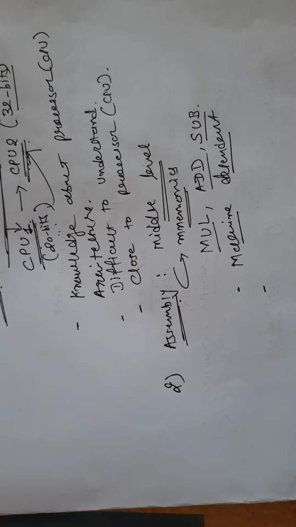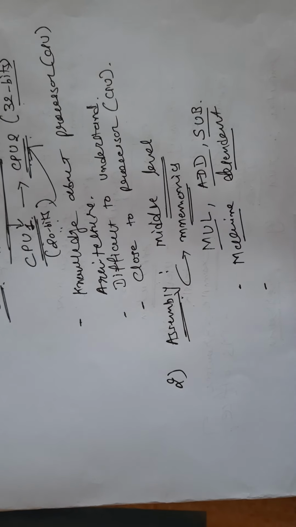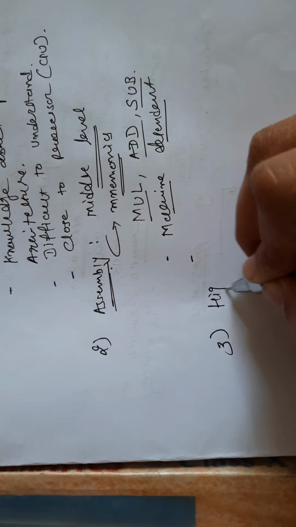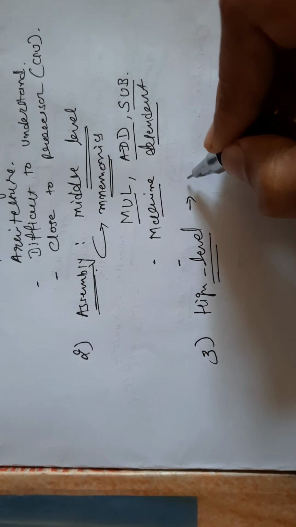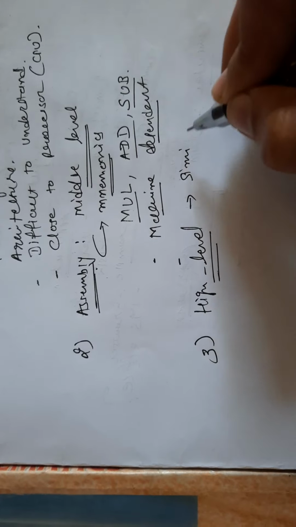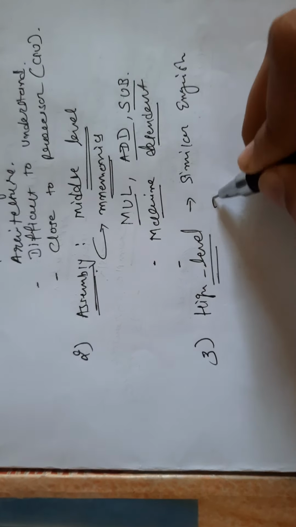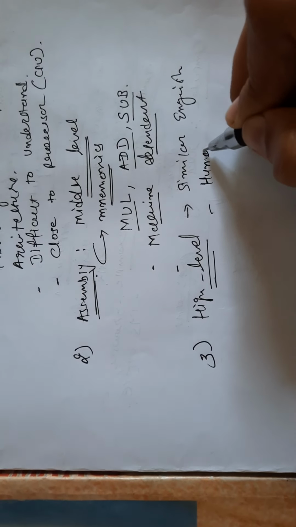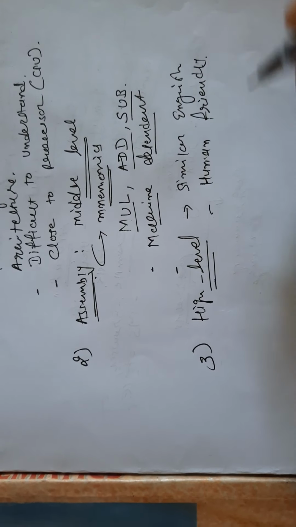Just to overcome the disadvantages of machine language and assembly language, the third level language, which is called high level language, came into the picture. It is very similar to English and it is human friendly because it doesn't contain these zeros and ones.